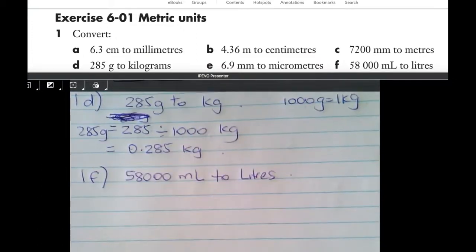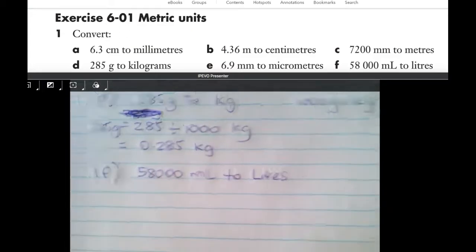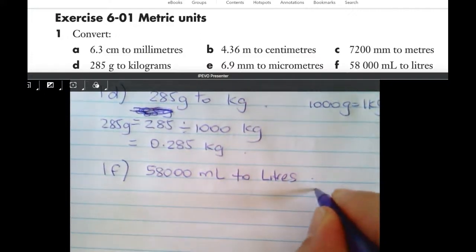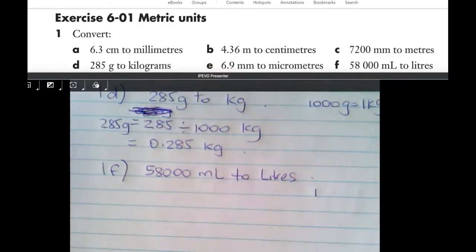Let's do question 1F. 58,000 mils to litres. Milliliters. That's actually mils is milliliters. Which ones are bigger, mils or litres? Litres are bigger. Good. How many mils make a litre? Girls, let me tell you, everything's 1,000 except when centimetres are involved.